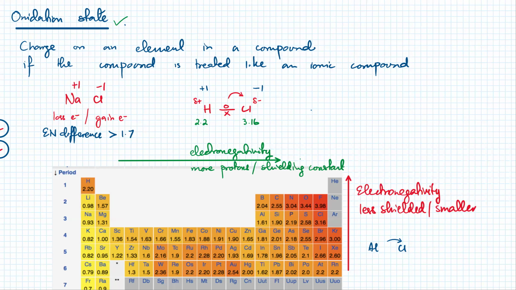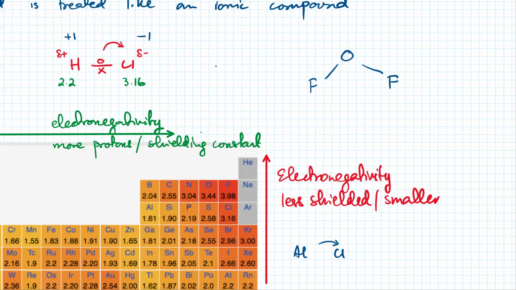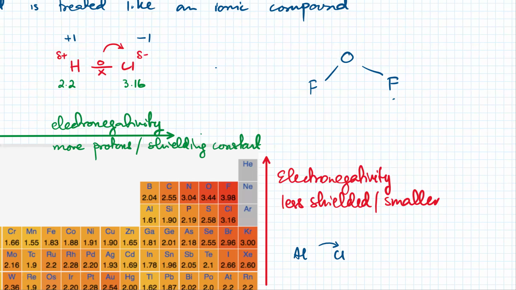So that's oxidation state. You're going to treat every compound as if it's ionic, because we basically don't care whether they form ions or not. So if I have oxygen and fluorine, if you look at the Pauling scale table, fluorine is a lot more electronegative. It's 3.98, while oxygen is 3.44.